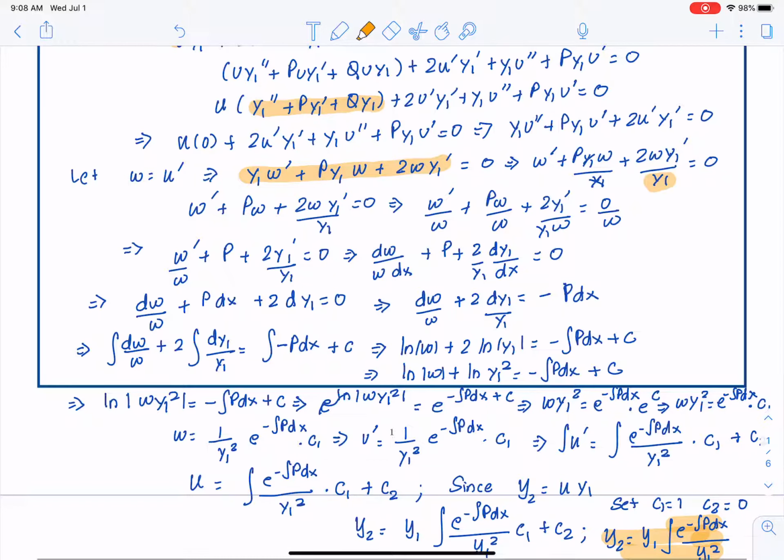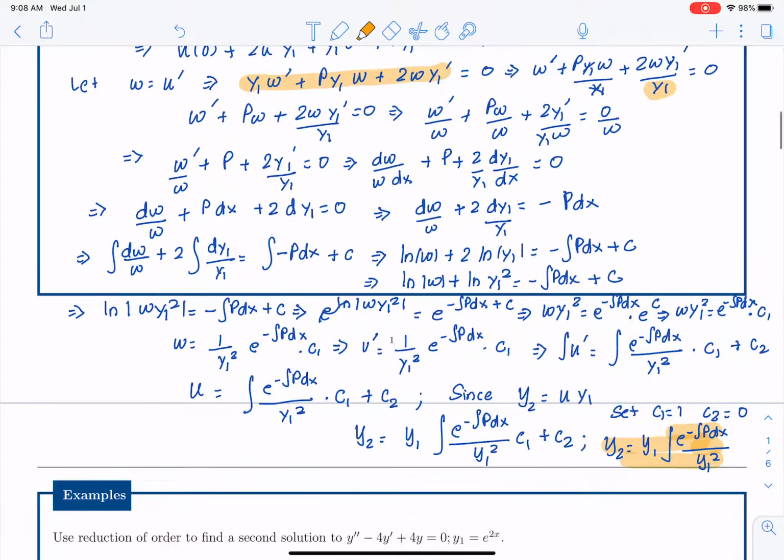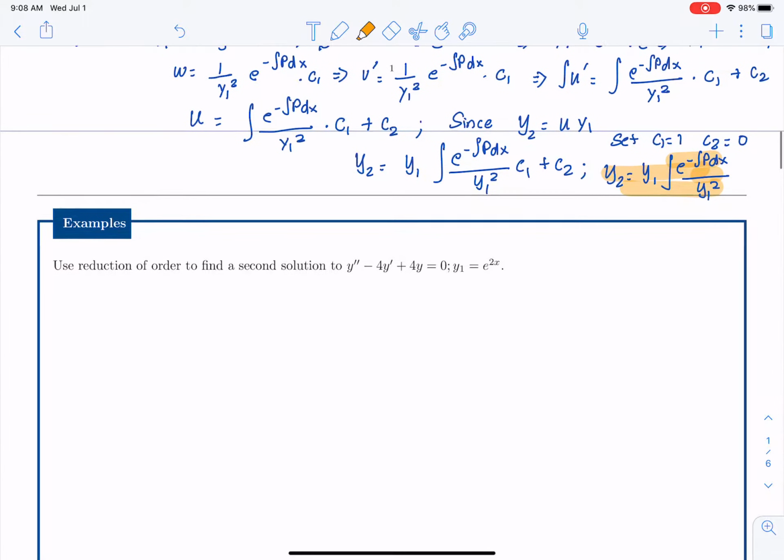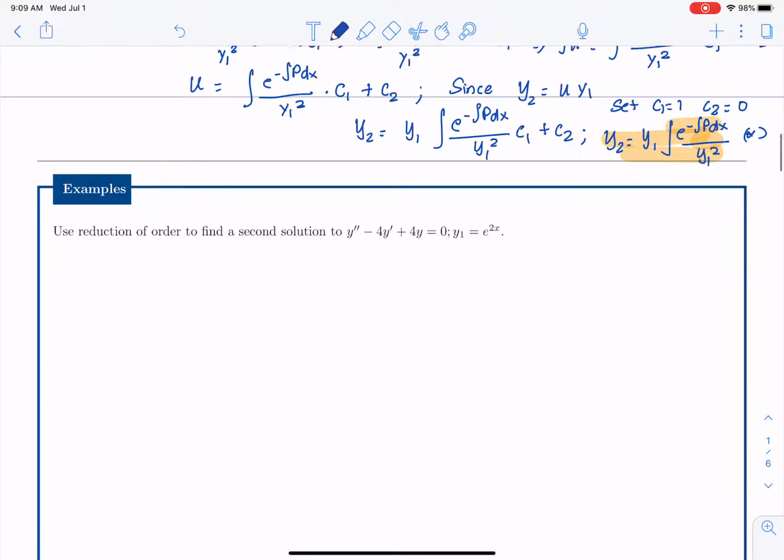So we have reduced a second order DE to a first order DE, hence the name reduction of order. And the key formula is right here, and that's what we're going to use to find the second solution.